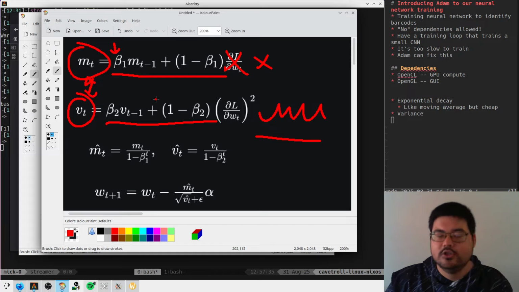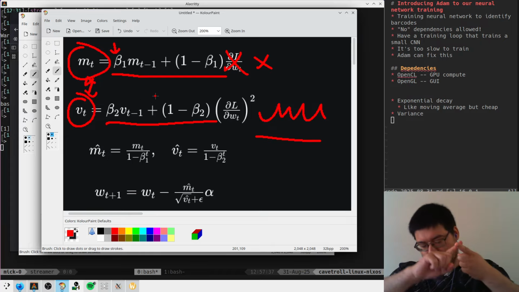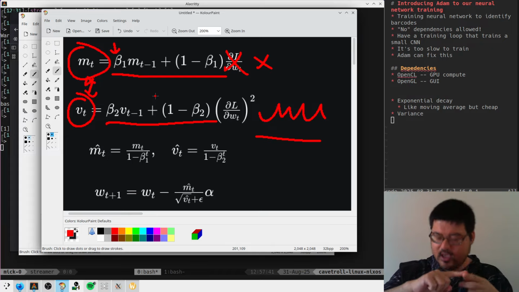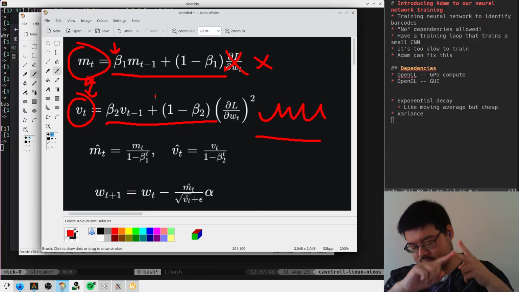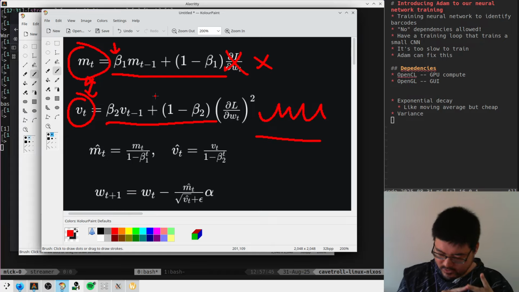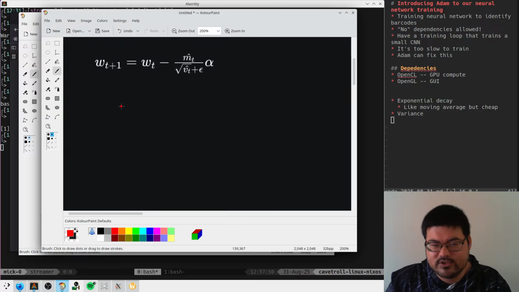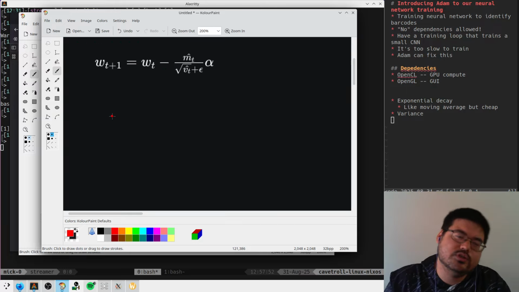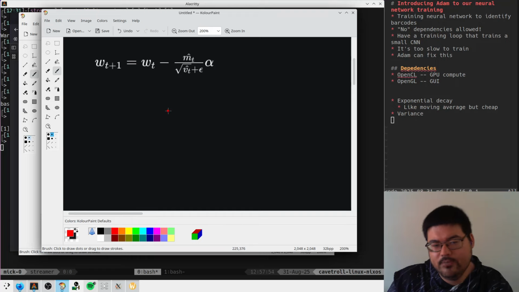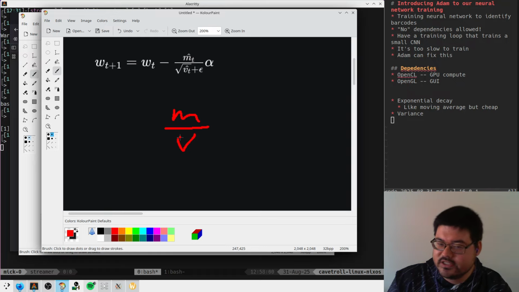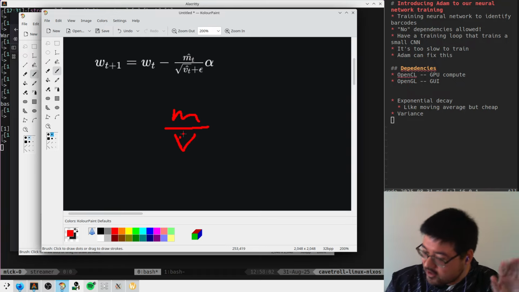Easy. So we have a recency biased average of the data, as well as a recency biased average of the noisiness, right? And what do you do with those two numbers? You could imagine that you would just take the average over the variance, kind of hand wavy variance.